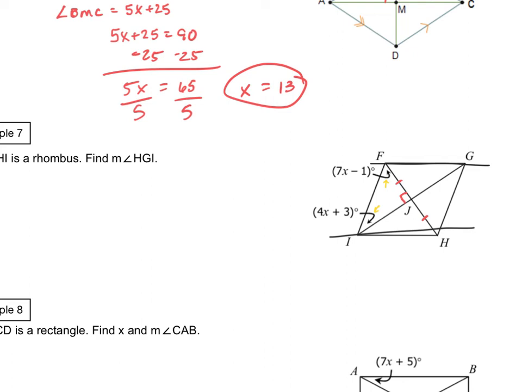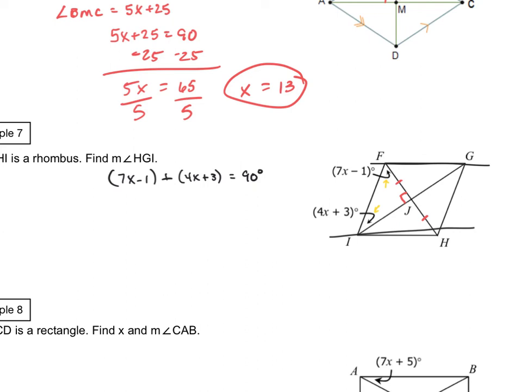So let's see here. I am going to say that 7x minus 1 plus 4x plus 3 is going to be equal to 90 degrees, because the internal angles of a triangle are equal to 180, and 180 minus 90 would give me 90 degrees.